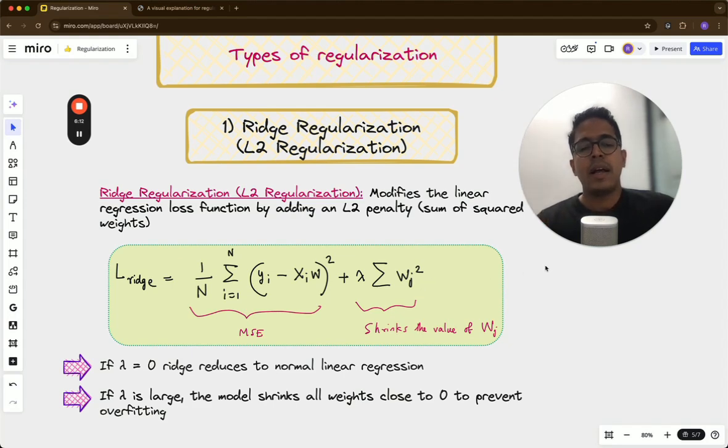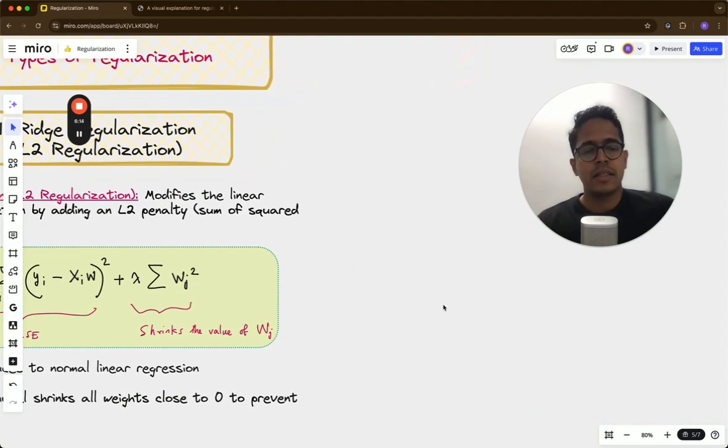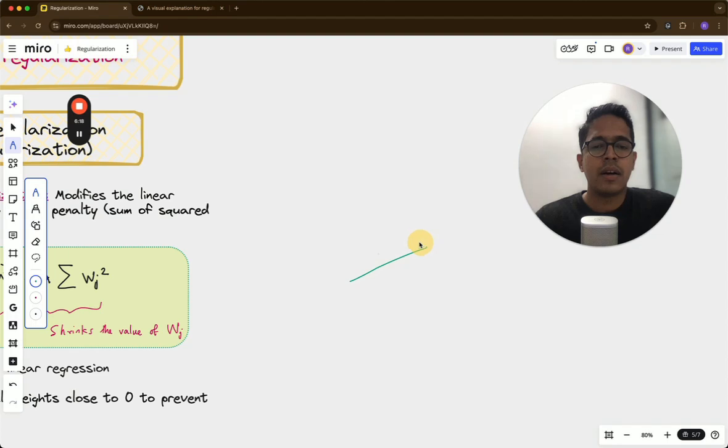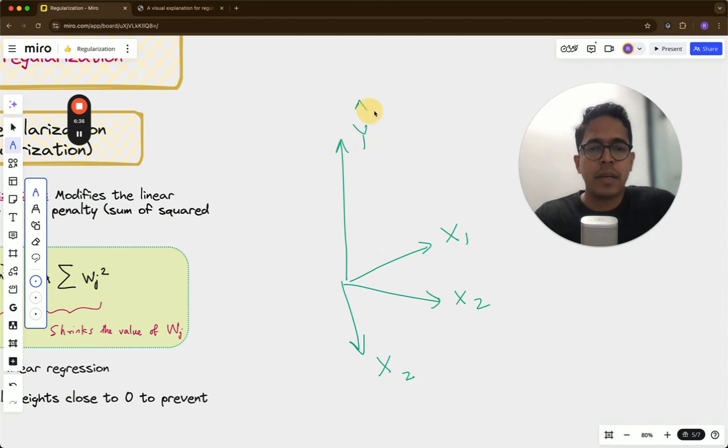If your data has multiple dimensions, for example, x1, x2, x3, etc., since I cannot draw more than three axes very easily or meaningfully, here I will say x1 is one of the dimensions of the data, x2 is another dimension, x3 is another dimension, and y is the prediction that is being made.